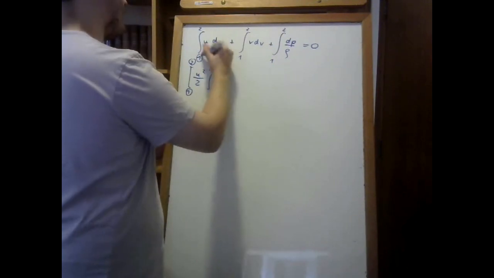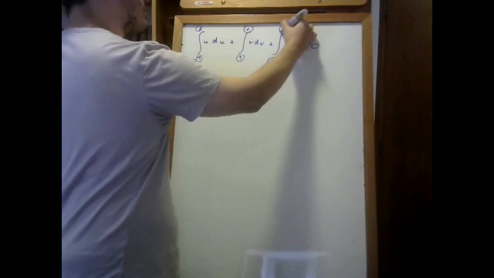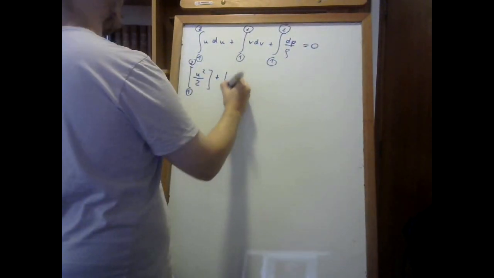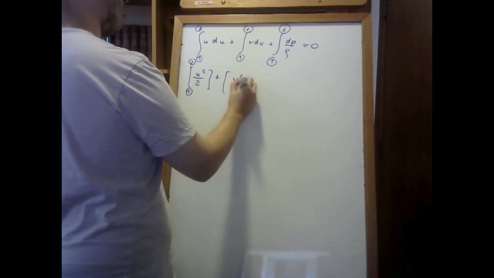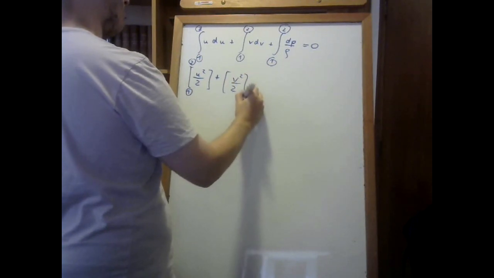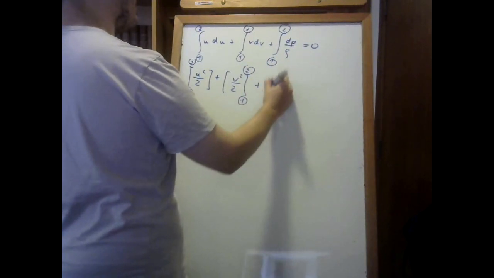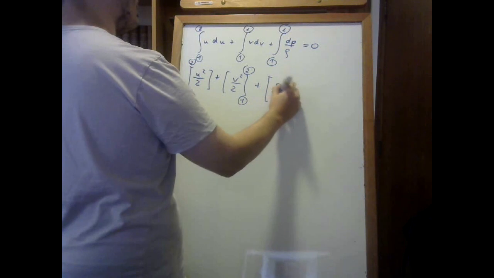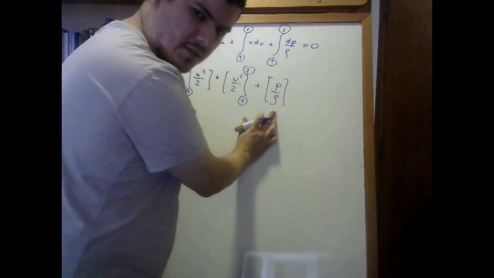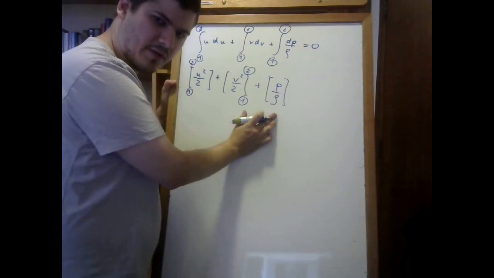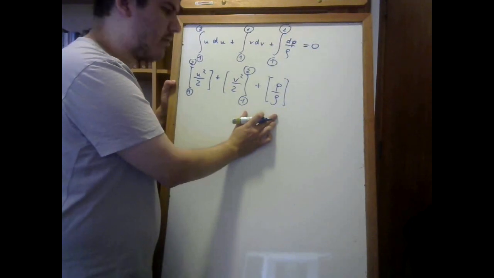So I'm going to circle it down to avoid misunderstandings. v squared divided by 2 plus pressure. Of course, this is density, a constant density, so we don't have to consider it here in this derivation.